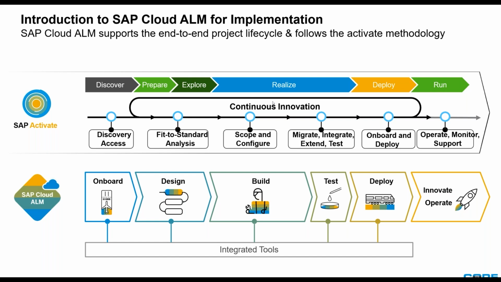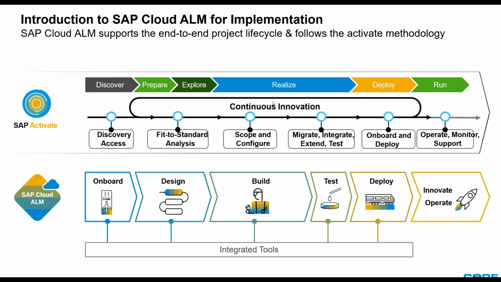Then, depending on those fit-to-standard workshops and the outcome, at that point, you're able to get into your build process or start to configure and develop the environment based on those requirements that you've captured directly within Cloud ALM.